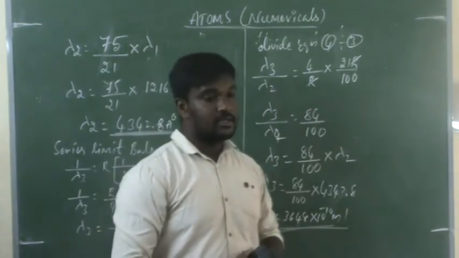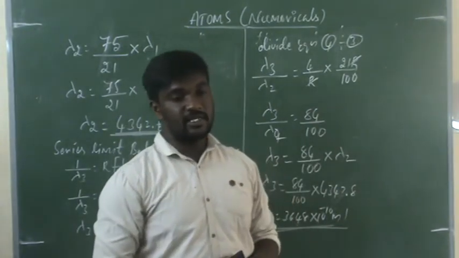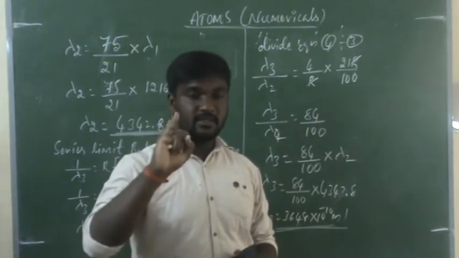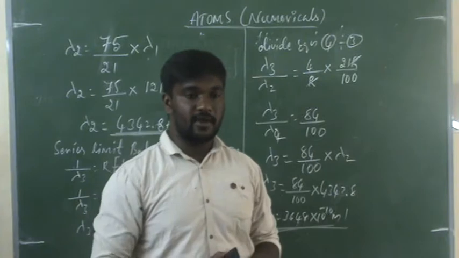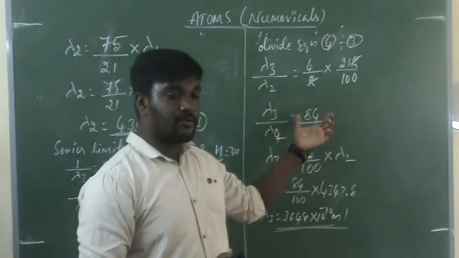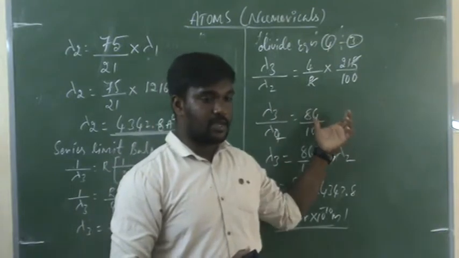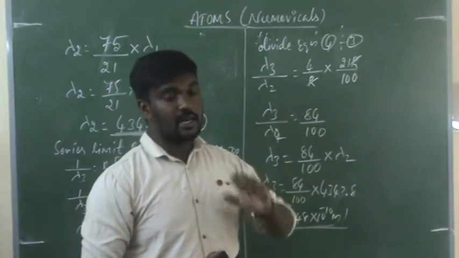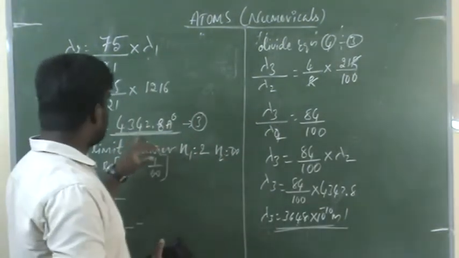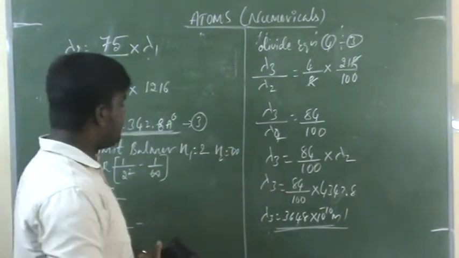Next, for the third member of Balmer series, n1 is equals to 2 and n2 is equals to the third member, meaning 3, 4, 5, so n2 becomes 5. So we got lambda 2. Divide equation 2 by equation 1, and we get lambda 2 is equals to 4342.8 angstrom.